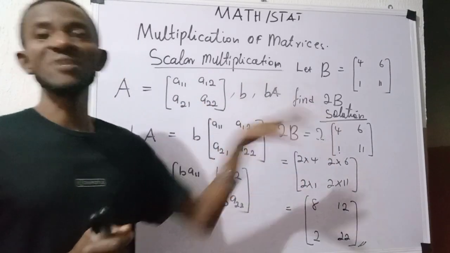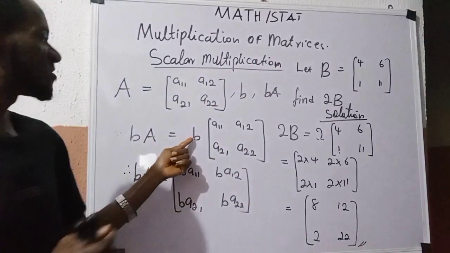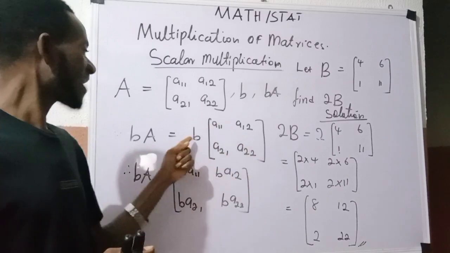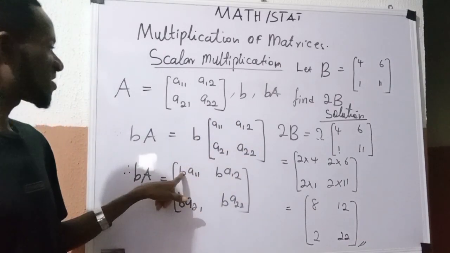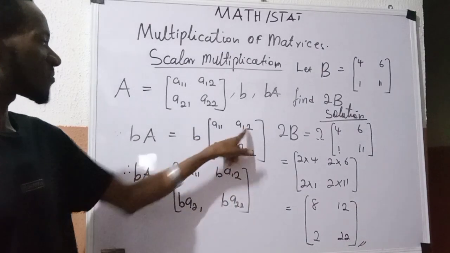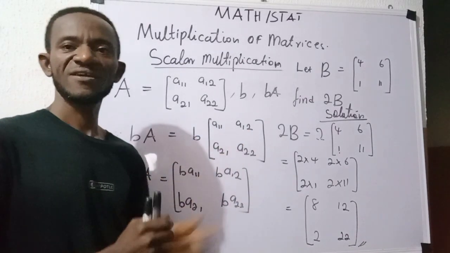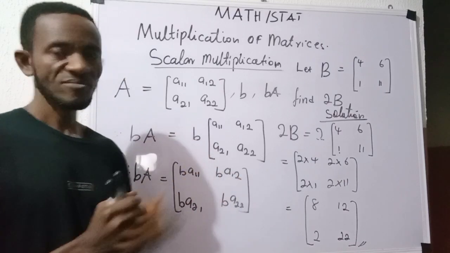It goes into the matrix to multiply all the entries of the matrix. That was what this B did here: B multiplying this A, then that B will multiply all the entries of A. Look at the B here, multiplying this entry, this entry, this entry, and this entry. That is what we call scalar multiplication.